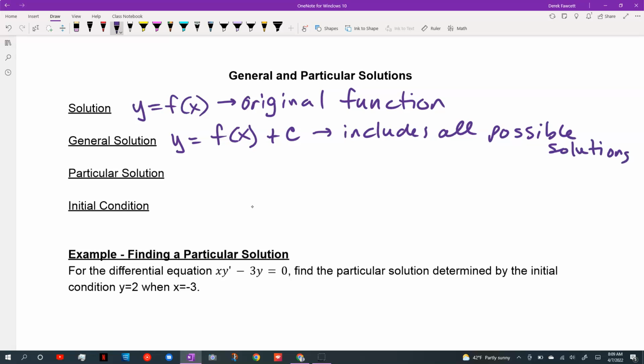And then the particular solution, that's where you're finding the exact solution, so you're able to figure out what that C value is. And in order to do that, you need what's called an initial condition. So the initial condition is necessary to find the particular solution.